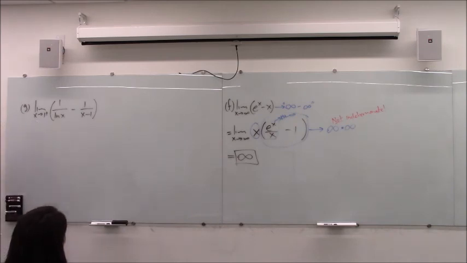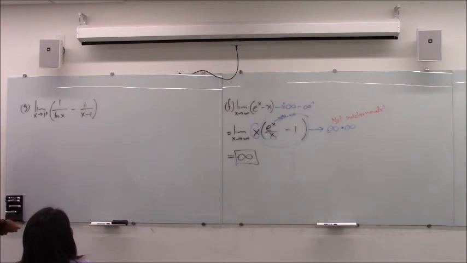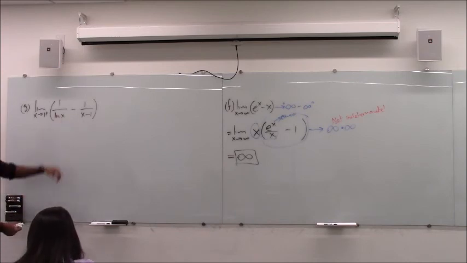So here, again, we have a subtraction of terms. The tops are 1s, so you know that it's not going to be a 0 over 0 or infinity over infinity. Now you want to think of ways how I can turn this thing into something more usable. Because these guys each individually approach 1 over 0.